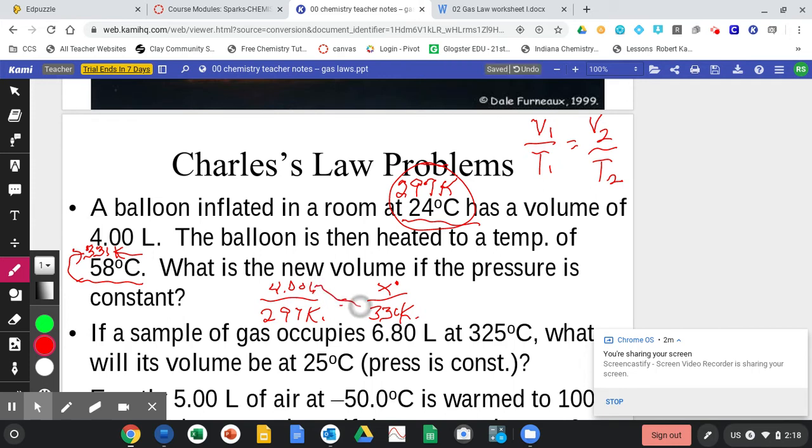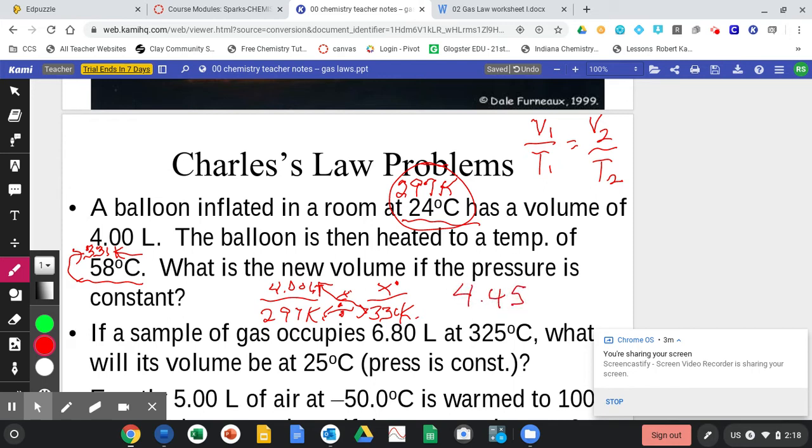To solve this, you are cross-multiplying, and then you divide. So you multiply the extremes and divide by the mean here. So you get 4 times 331 divided by 297.